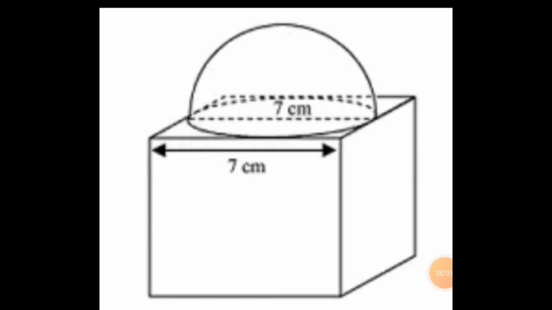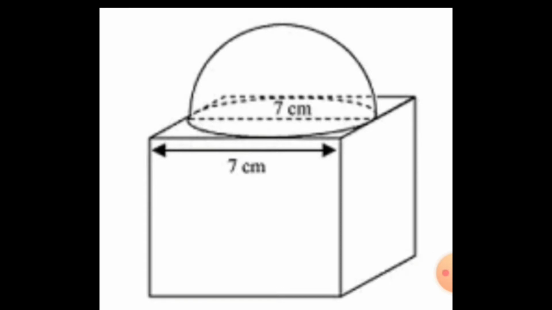Friends, in this video you can observe that there is a cube of side 7 centimeter, and at the top of this cube a hemisphere is kept. As the side of this cube is 7 centimeter, this 7 centimeter will be the diameter of the hemisphere also.